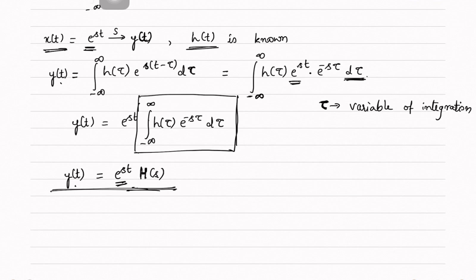So this e power st is called an eigenfunction of an LTI system. If the given system is linear and time invariant, and you are feeding a complex exponential, the output is nothing but the same complex exponential, multiplied by a number.